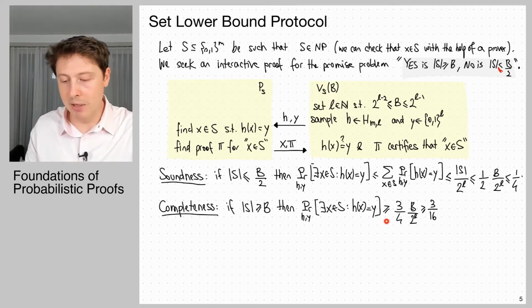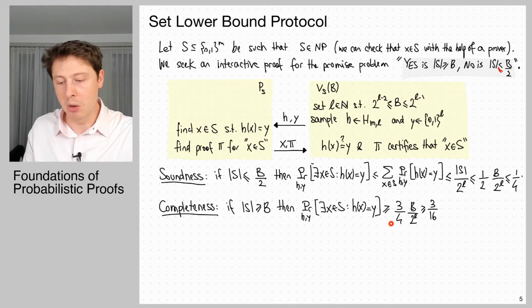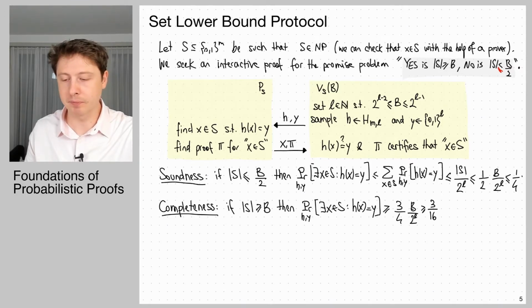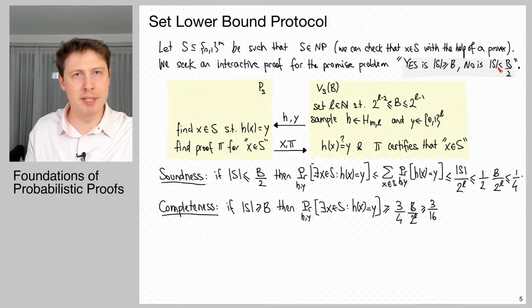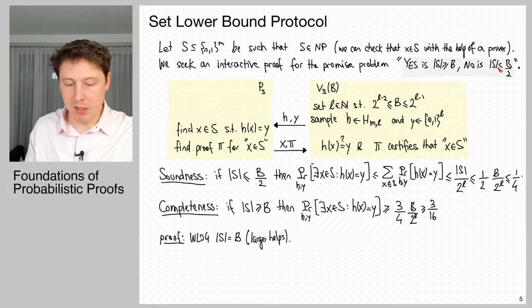Now, I am left to justify to you why this inequality holds. Why do we have this lower bound? All right? Notice that I haven't really used the pairwise independent property yet. In completeness is where I'm going to use it. So let's do that.